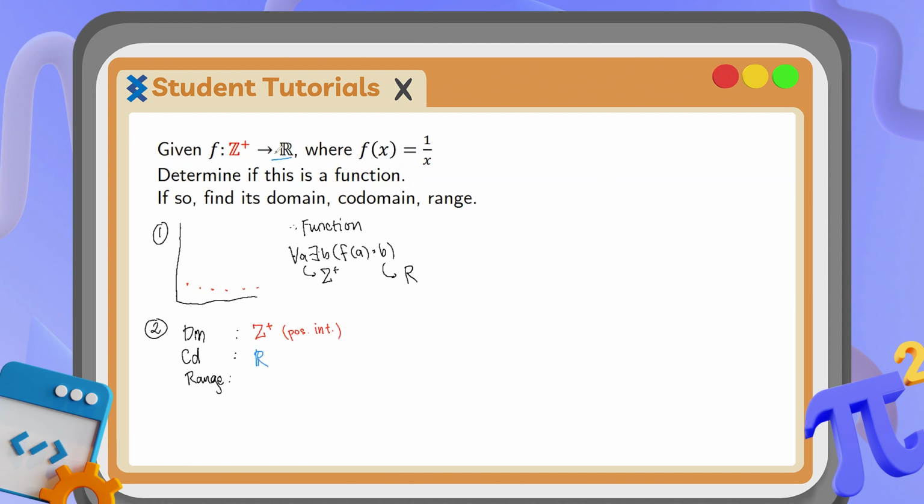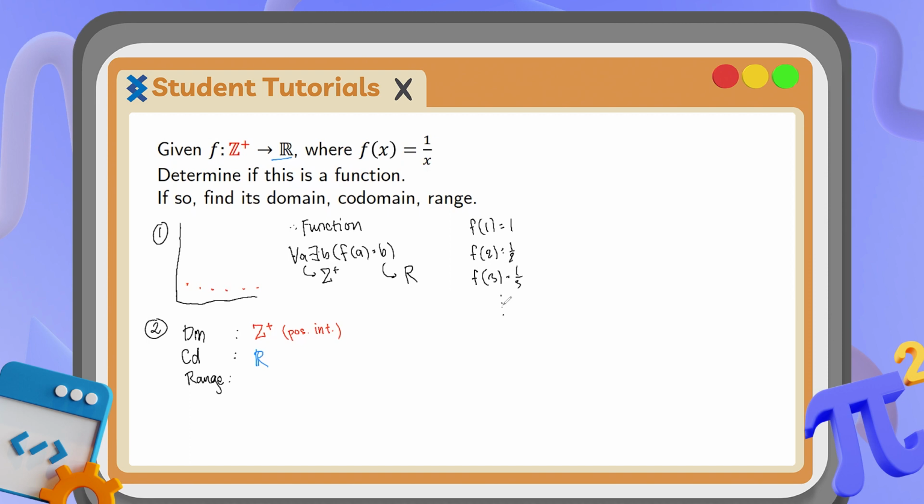And our range, as you notice, if we actually try to input the values, f of 1 is equal to 1, f of 2 is equal to 1 half, f of 3 is equal to 1/3, and so on and so forth.